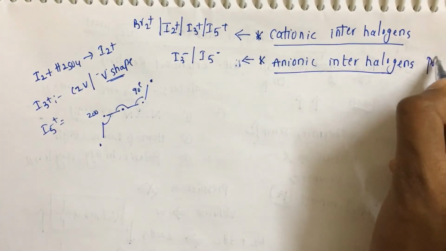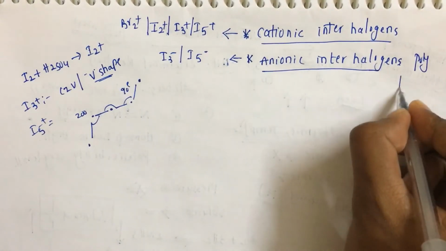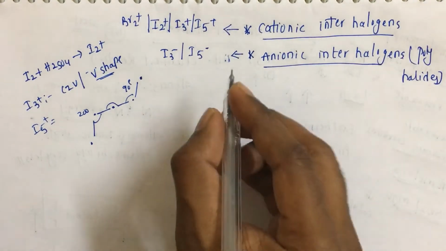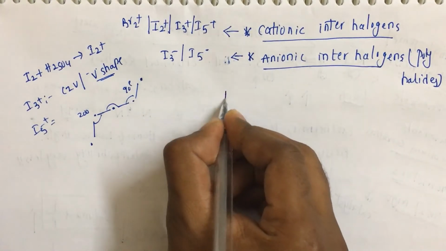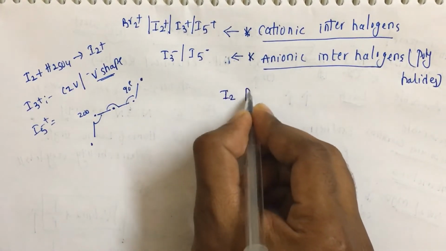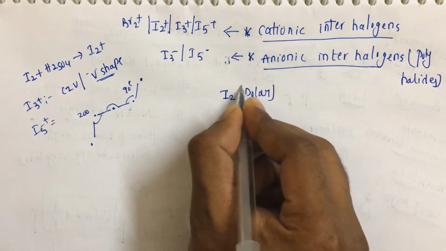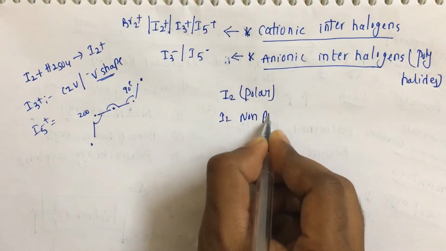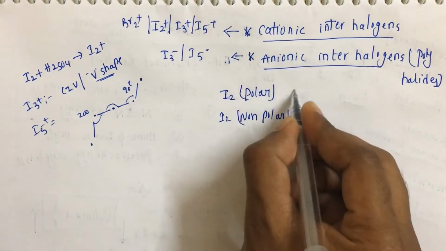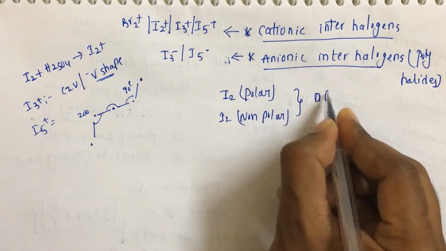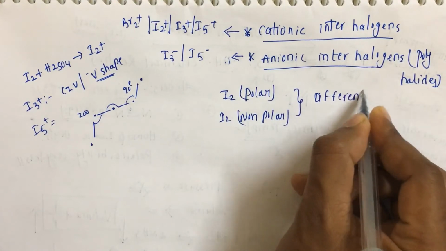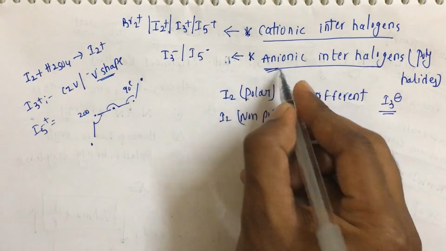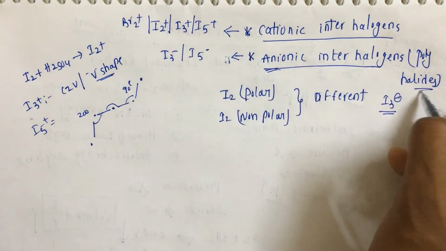So we call these polyhalides. When I started this lecture, I said that I2, when we dissolve it in polar solvents and in non-polar solvents, shows different colors. That is because of the formation of I3-. So what is I3-? Anionic interhalogens, which we also call polyhalides.